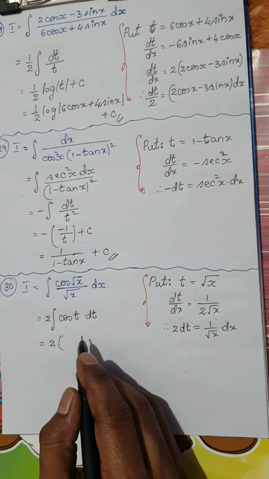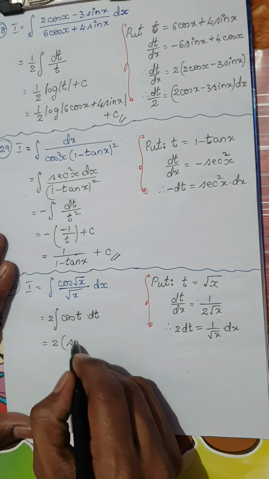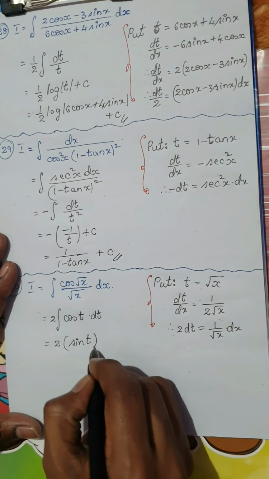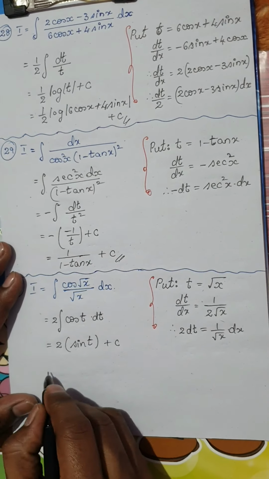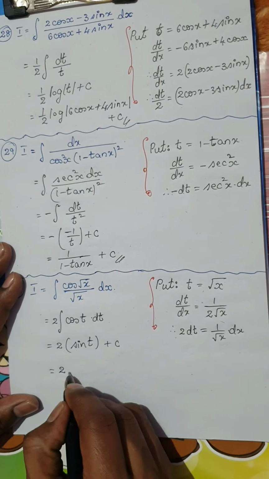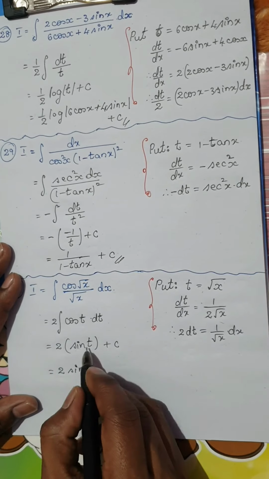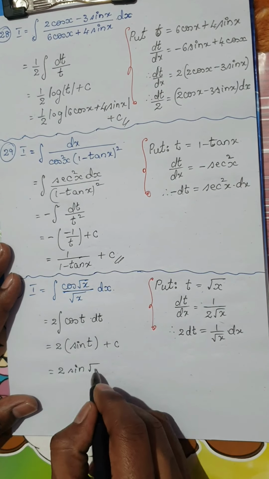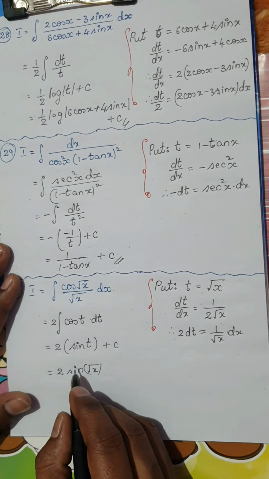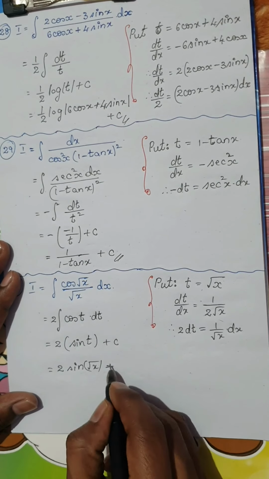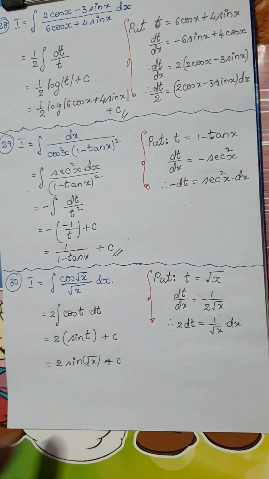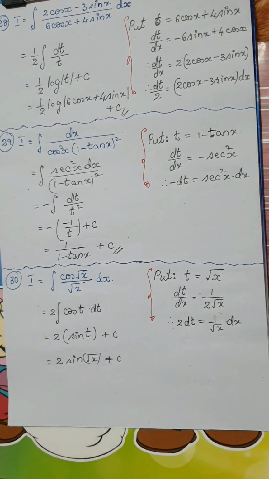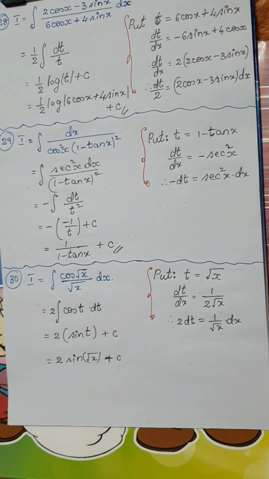We know the basic result, integral of cos t is sin t plus the constant of integration. Finally this is nothing but 2 into sine of, now what is t? t is nothing but root x. So 2 times sine root x plus c, the constant of integration, and this is the final result for the above integral.